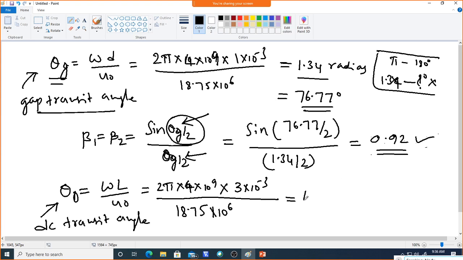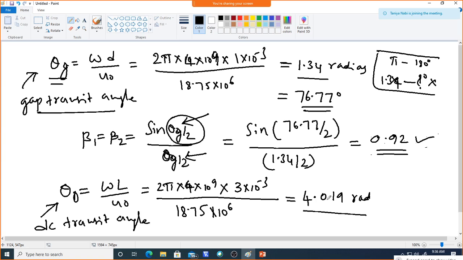4.0192 radians. So this is in terms of radians. Let me calculate it once again, is it correct? Somewhere the power of ten is missing.